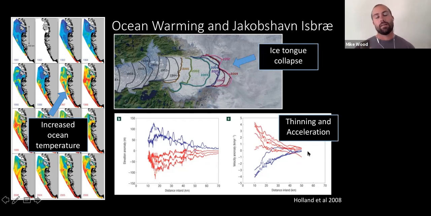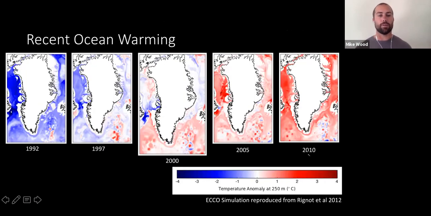So these temperature records from David Holland's paper came from fishermen who were trawling along the coast, and it was later reproduced in a high-resolution regional model around Greenland. So I've taken a few snapshots from this simulation, which was produced in the ECCO framework from a paper from Eric Rignot and others in 2012.